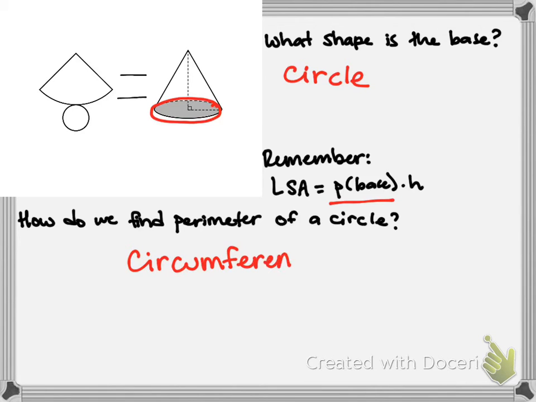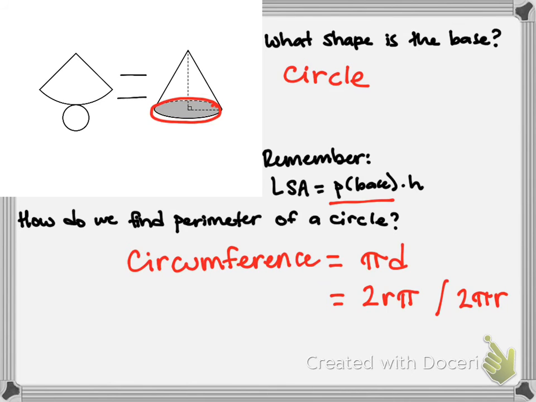And how do we find the circumference of a circle? Two ways we can write it: pi times diameter, right? Or the diameter is 2 times the radius, so we could say 2 times the radius times pi. Your book will usually write it as 2 pi r, but they mean the same thing.